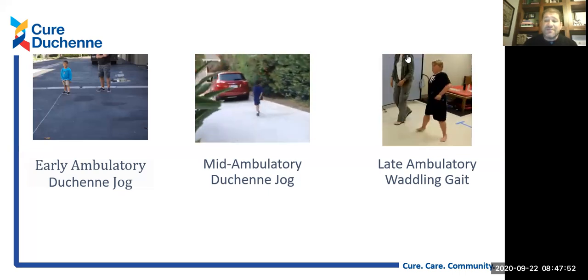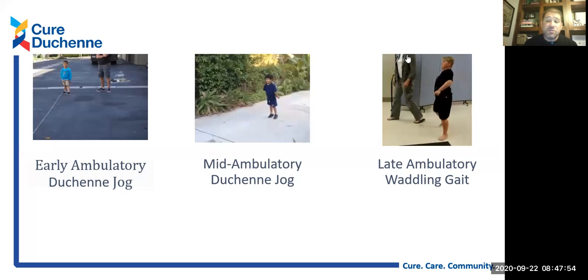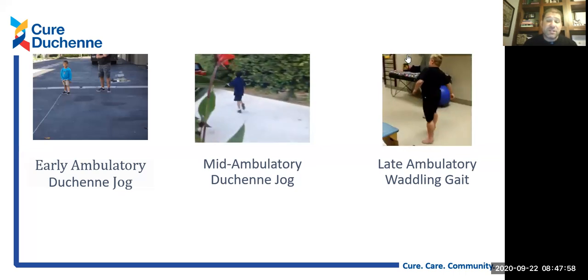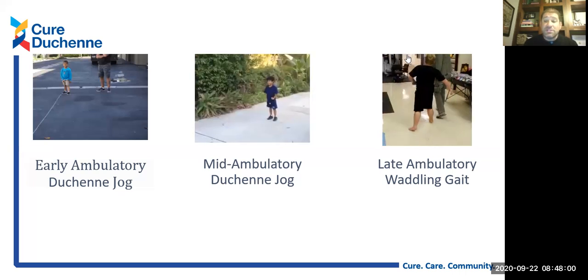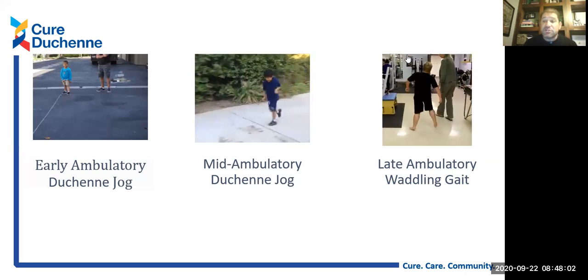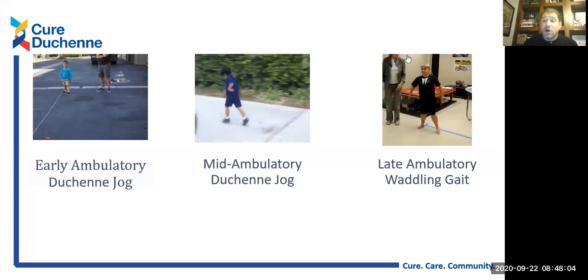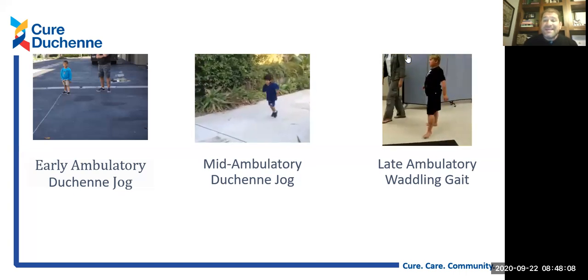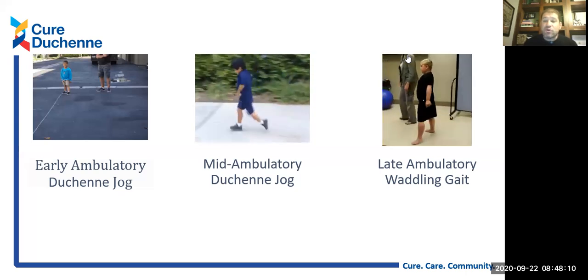He's also locking out the knees, so he doesn't have to use the quads as much. The feet are turning out, especially the left one, to increase the center of gravity and his balance support. Arms are out to the side, and he's getting more lateral trunk movement.